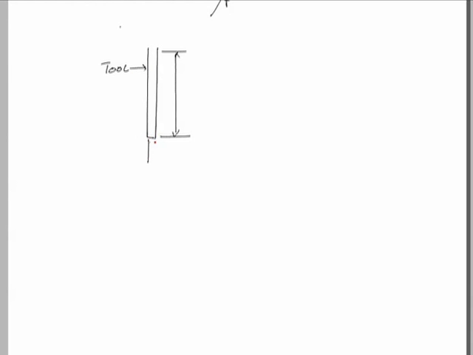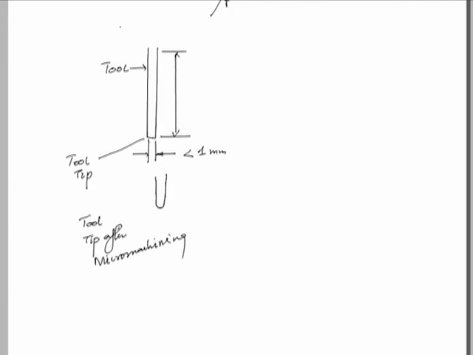Since this itself will be less than 1 millimeter, the tool itself will get rounded something like this. This is the tool tip, and this is the tool tip after micro machining like this.